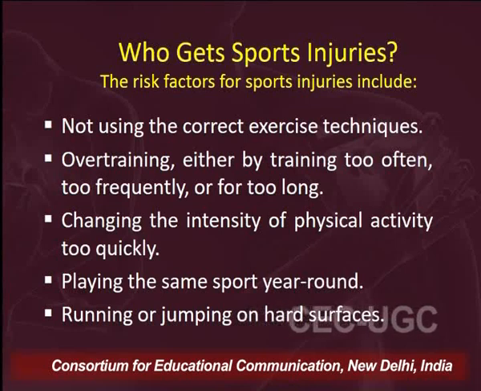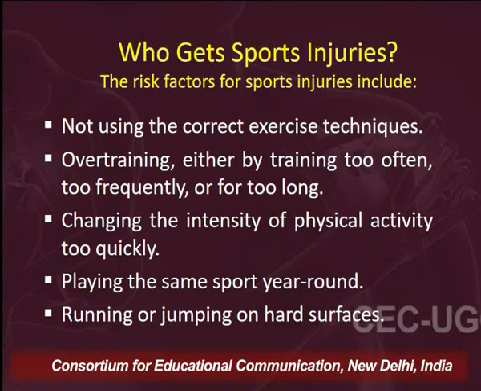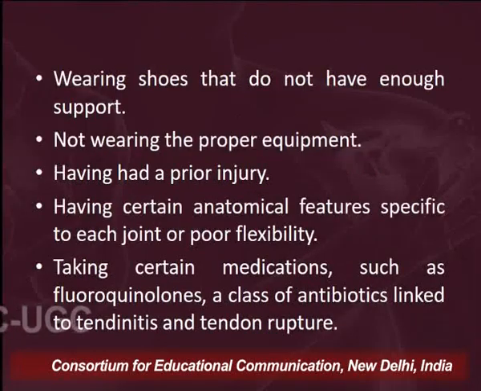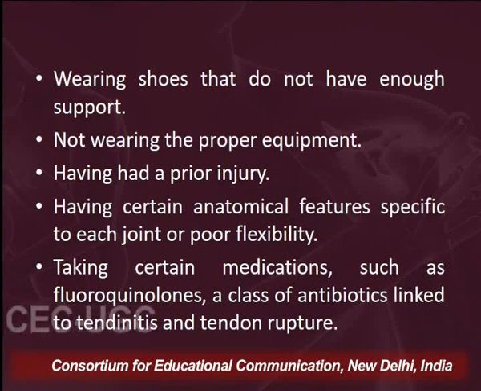They include not using the correct exercise technique, overtraining either by training too often or too long, changing the intensity of physical activity too quickly, playing the same sport year around, or running or jumping on a hard surface, wearing shoes that do not have enough support, not wearing the proper equipment, having had a prior injury, having certain anatomical features specific to each joint or poor flexibility, taking certain medications such as fluoroquinolones, a class of antibiotic linked to tendinitis and tendon rupture.